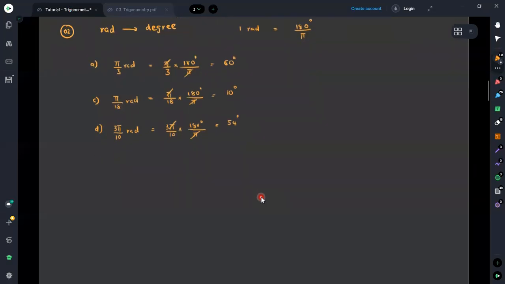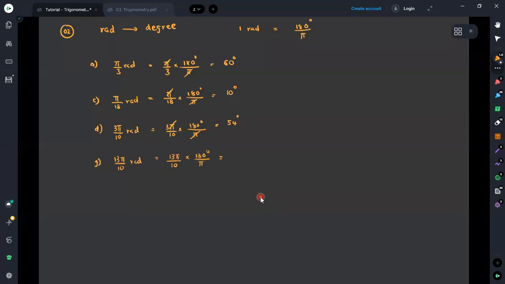Then the next part I'm going to consider is 13π divided by 10. It is the part G I'm going to consider, 13π divided by 10 radians. Then this can be considered as 13π divided by 10 multiplied with 180 divided by π.